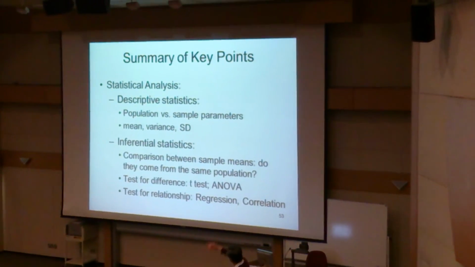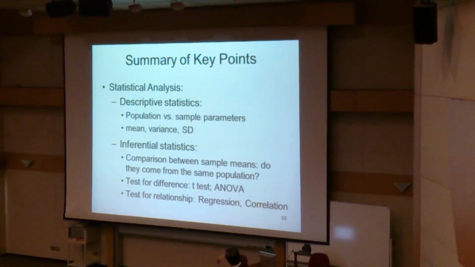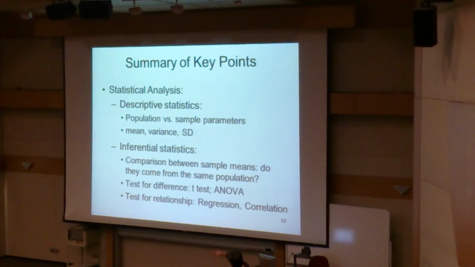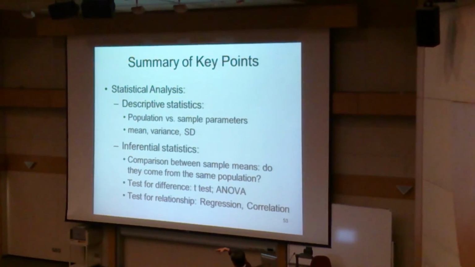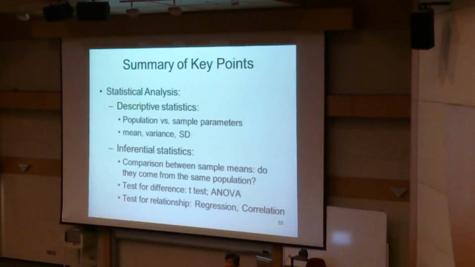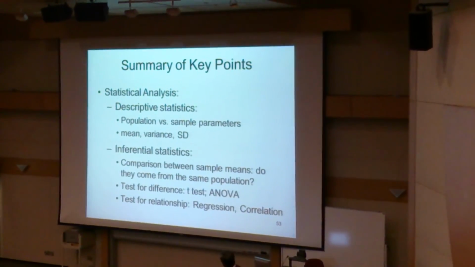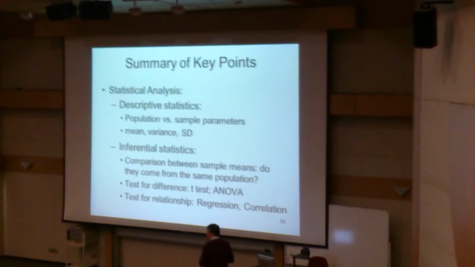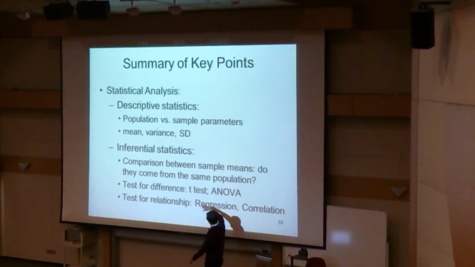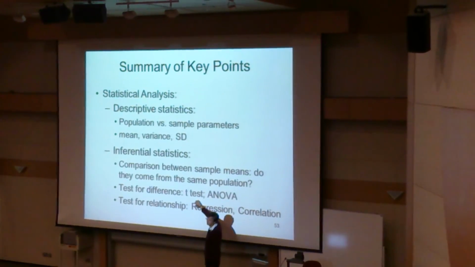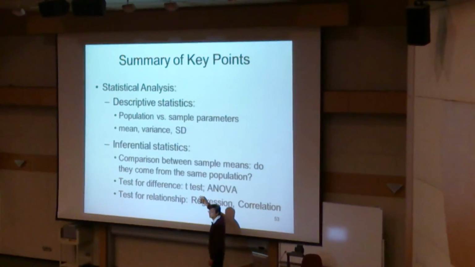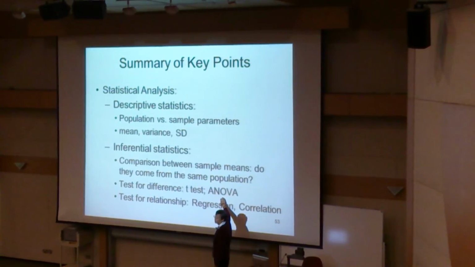And then I introduced some inferential statistics, comparing between samples, whether the two means are the same. I mentioned that if you have only two sets of samples, you use the t-test. If you have more than two sets, you use ANOVA, or if you have more than two factors.